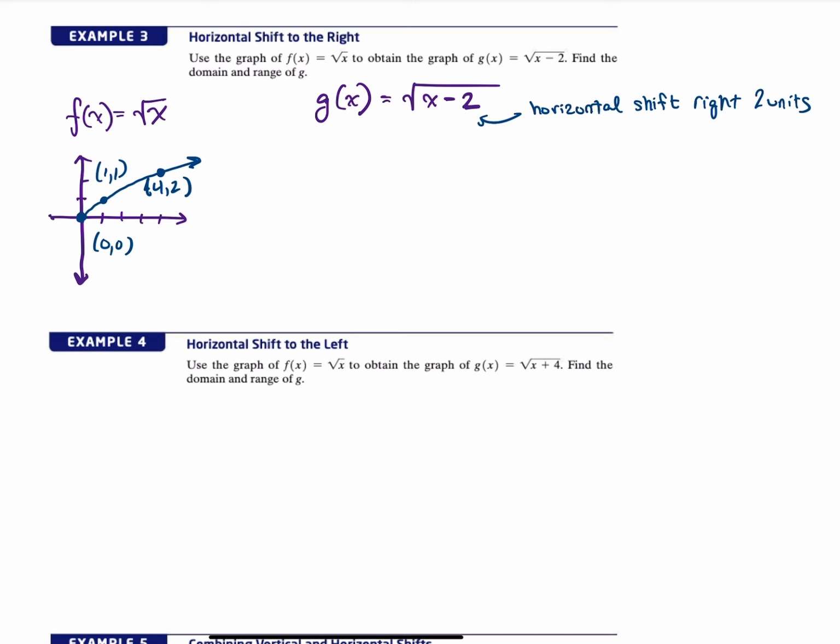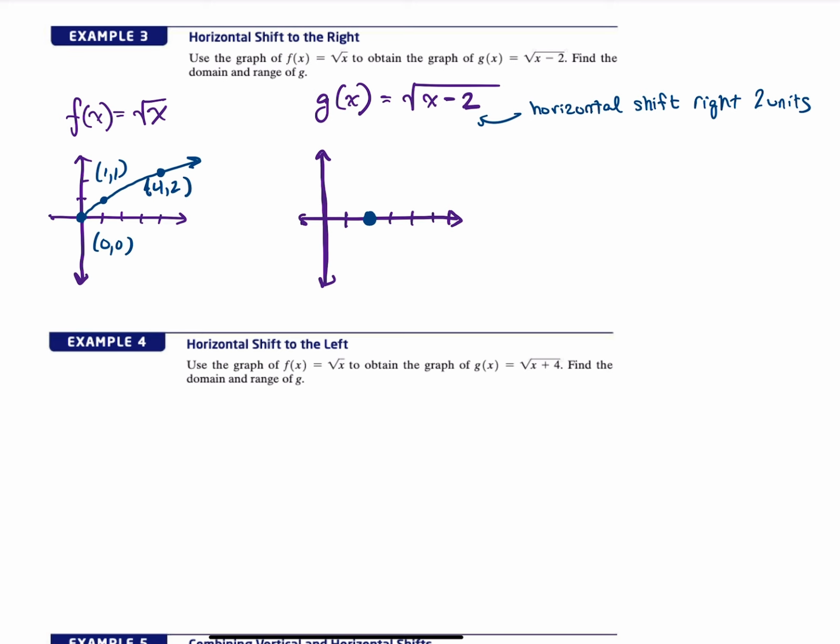All right, so let's produce our graph. It's going to the right 2 units. So imagine picking up this graph and shifting it to the right by 2 units. One, two. I'm already thinking that's where this origin point will be moved to, so I'm going to place a point right there.